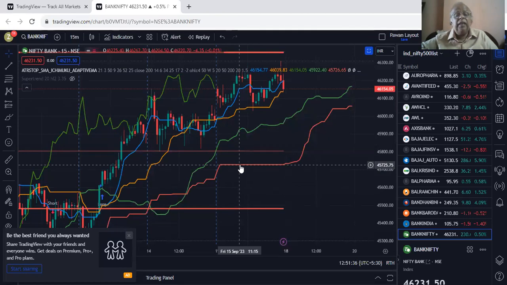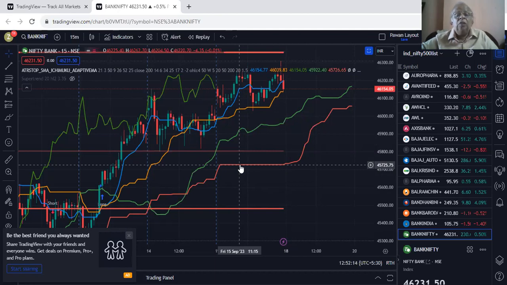High is being taken here, and in Kijun-sen 26 periods are being considered, the average of high. Span A is the leading indicator and span B is also the leading indicator.